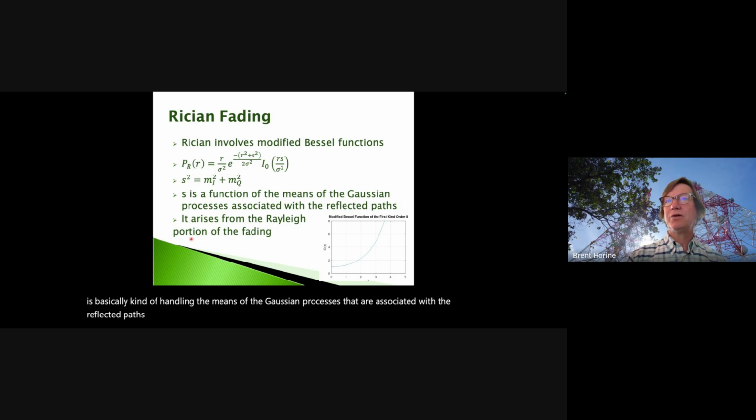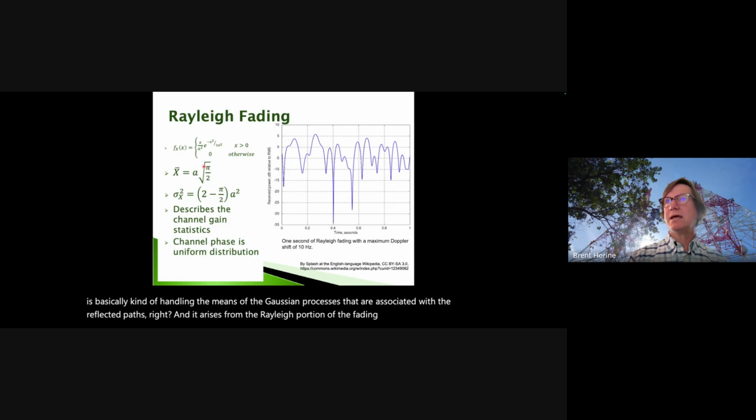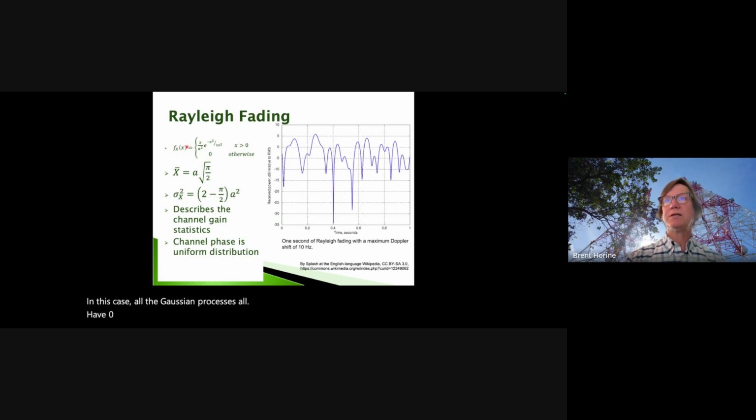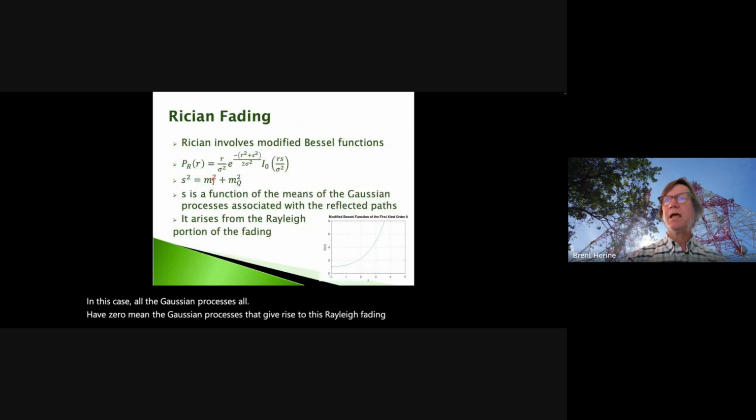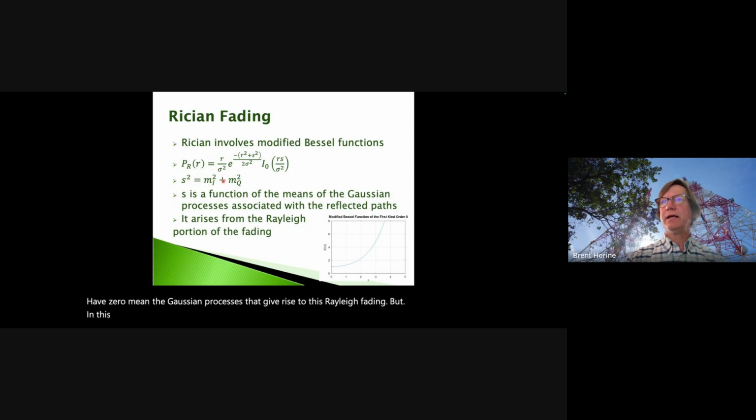And it arises from the Rayleigh portion of the fading. So in the Rayleigh case, all the Gaussian processes have 0 mean, but in this case, they no longer have 0 mean. And in fact, if these means are 0 and you plug that in, then it reduces to Rayleigh fading.